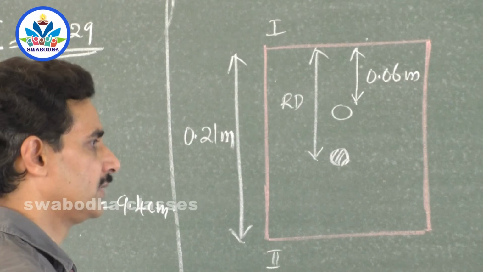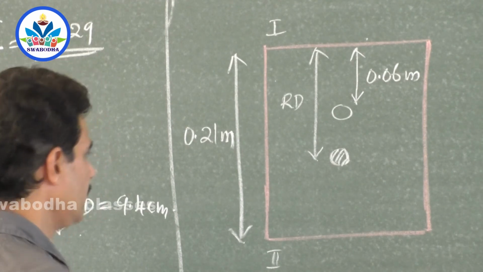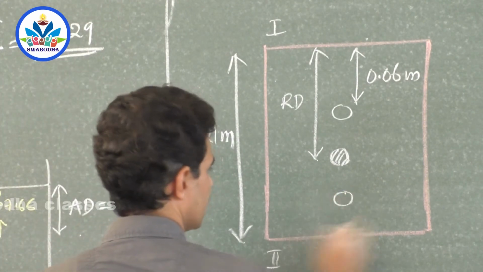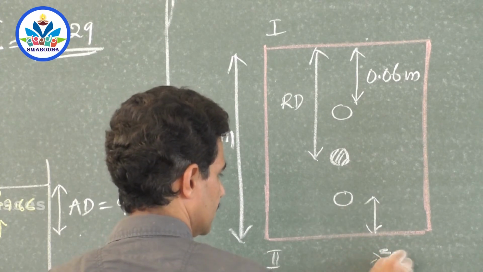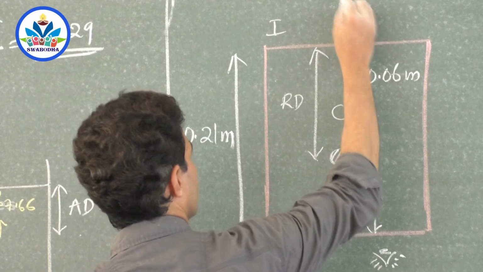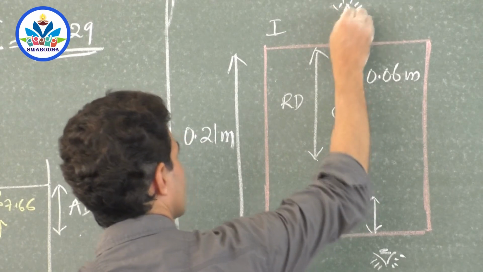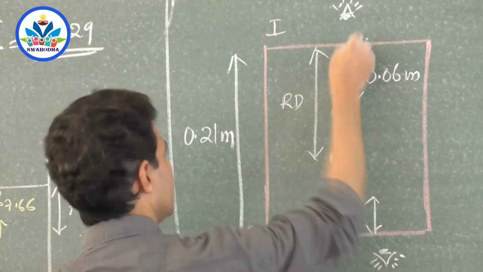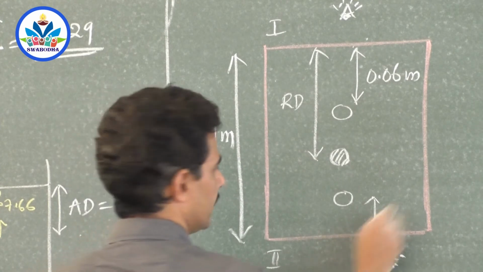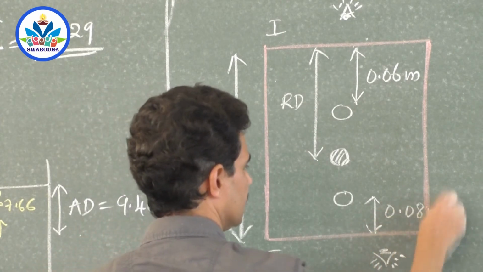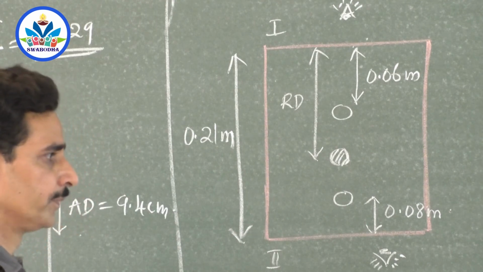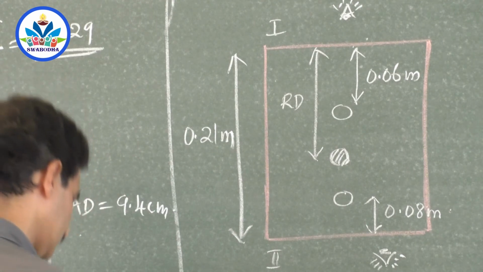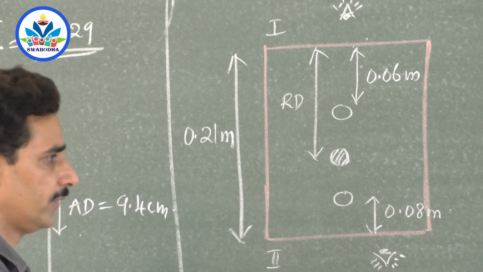When viewed from the opposite face, the bubble appears to be at a depth of 0.08. So this is the position when I view it from here. So like this, the cases are different. Here it appears to be 0.06, here it appears to be 0.08 meters. Both times you are observing the same cube, so the refractive index is the same. We need the refractive index of the material of the cube and the actual depth from the first face.